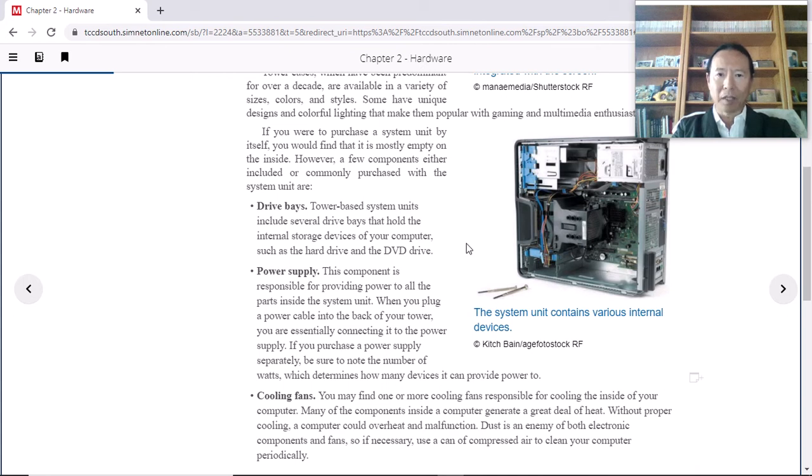But nowadays, the new notebooks are much thinner and maybe cheaper. They don't have a built-in DVD player. You want to say, hey, I want to buy a notebook. I want to view DVD with a new notebook. You cannot.